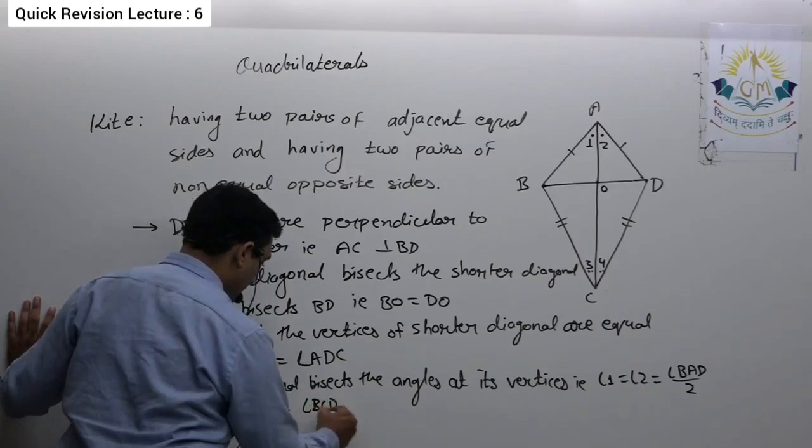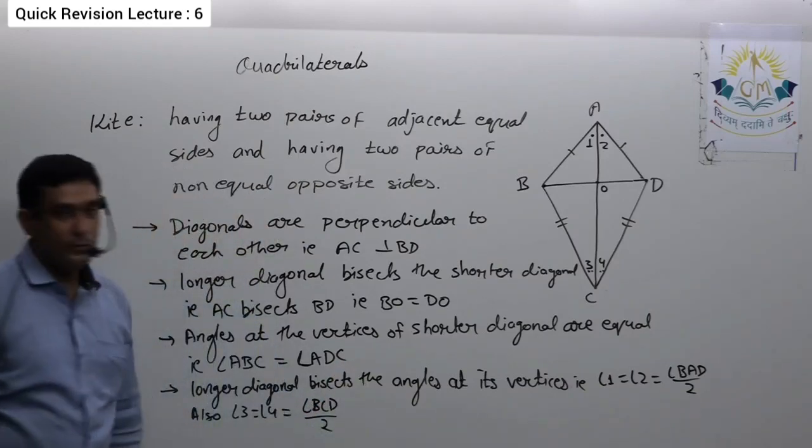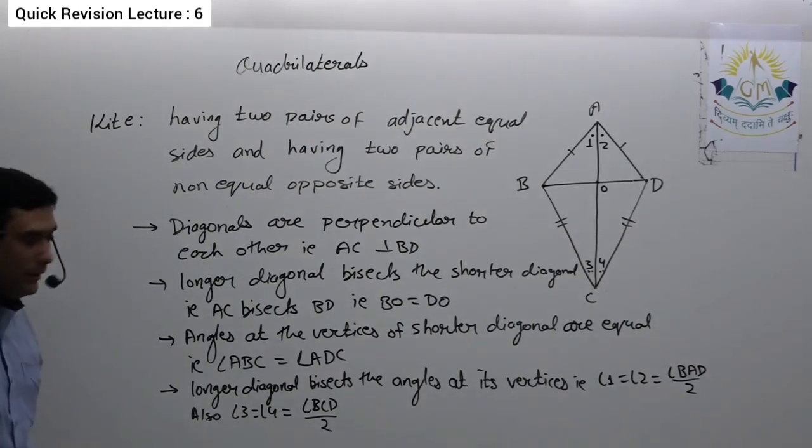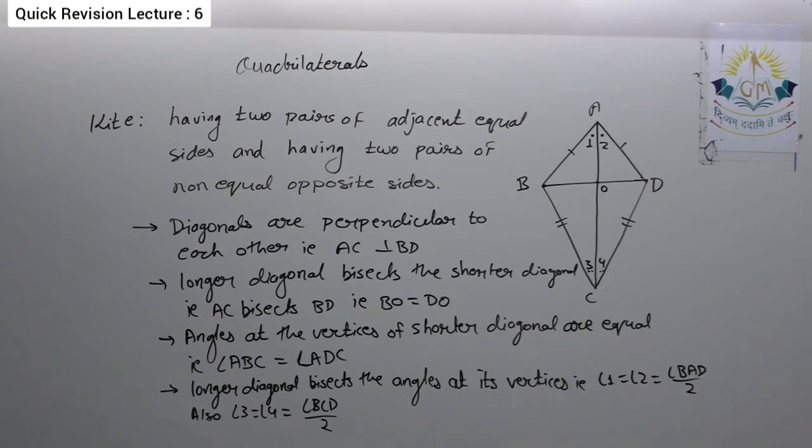So these are the properties of a kite. Now next we will see the trapezium.